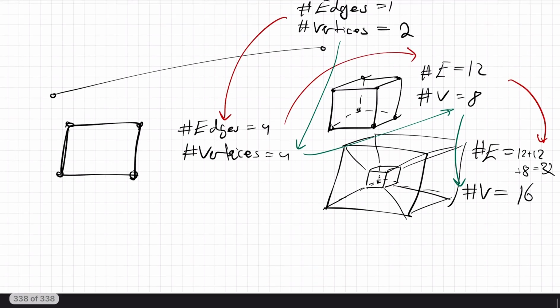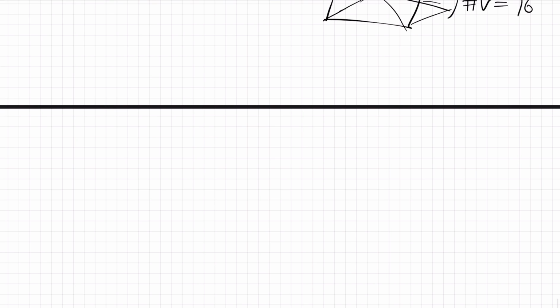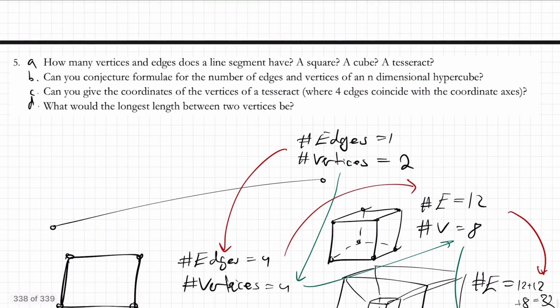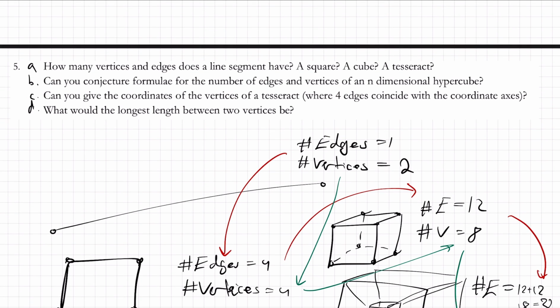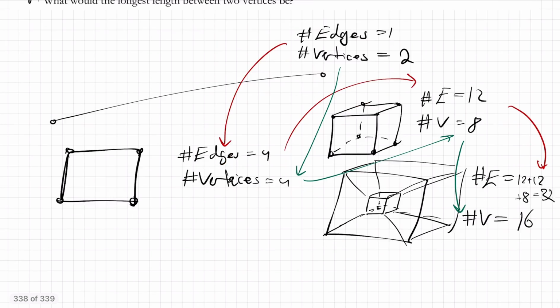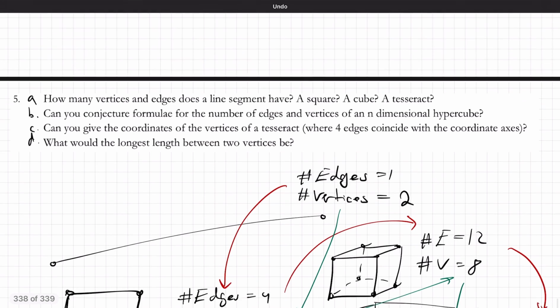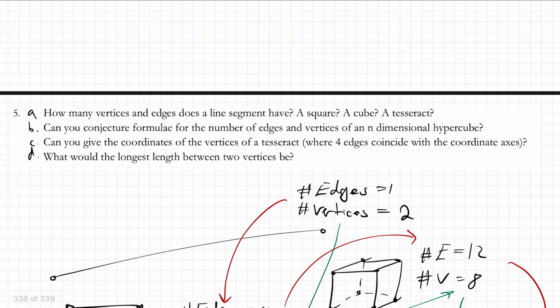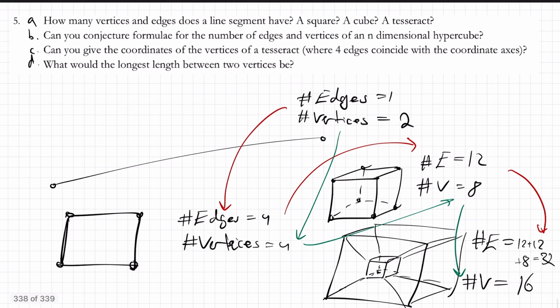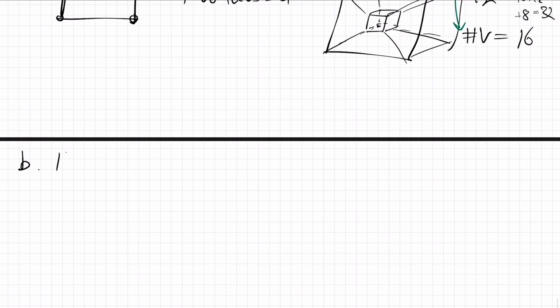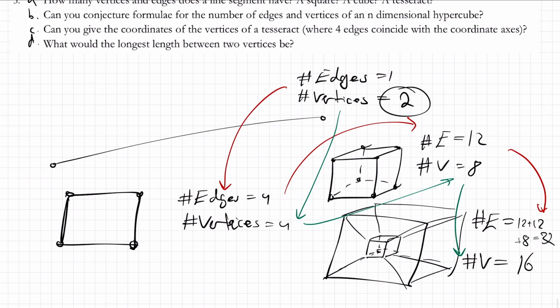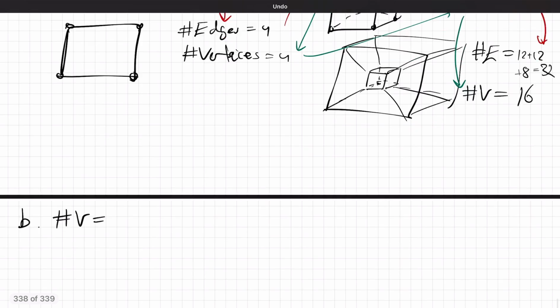Okay, so for part B, again, I'm just kind of going off of the pattern we see here, and I'm not entirely sure how to justify it. But, okay, so it says conjecture, so we don't have to actually prove it. So my conjecture would be the number of vertices. This seems to increase pretty steadily, 2, 4, 6, 8.